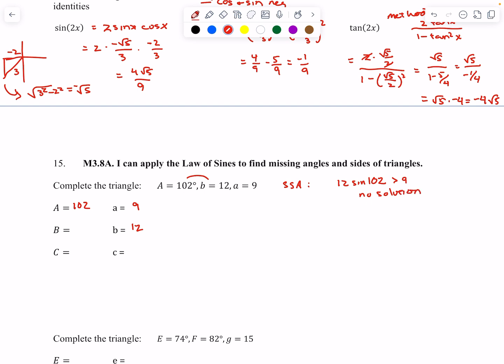What do you get when you try to use it? You get a number bigger than 1 and you do inverse sine, which makes an error message.